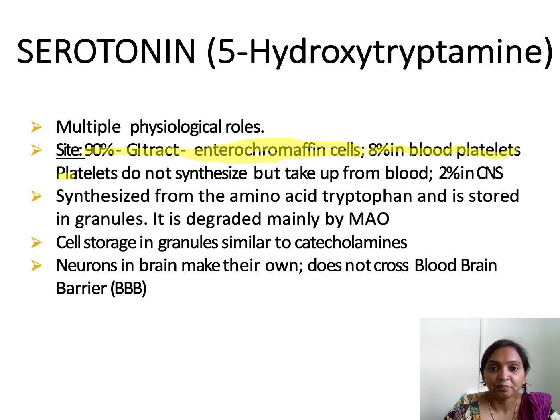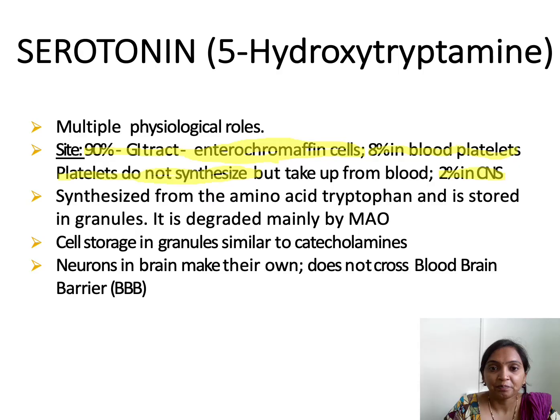These platelets derive it from the blood, because they do not synthesize their own serotonin. And the rest, 2%, is present in the CNS, because serotonin cannot cross the blood brain barrier. In the CNS, the nerves which secrete serotonin as a neurotransmitter synthesize their own serotonin.